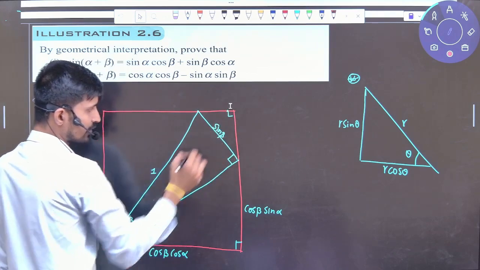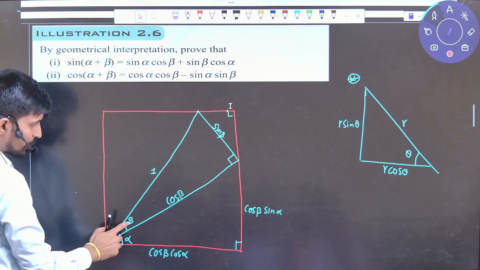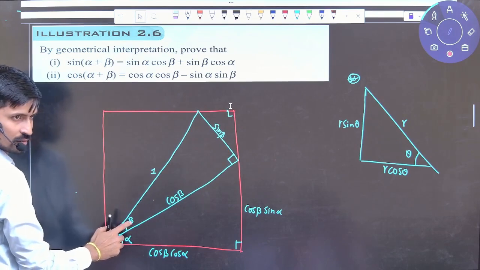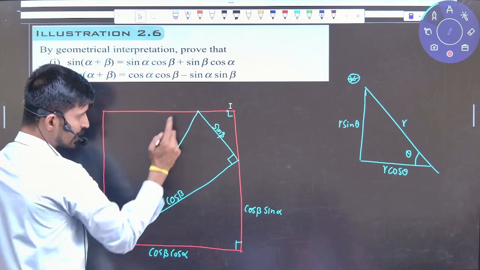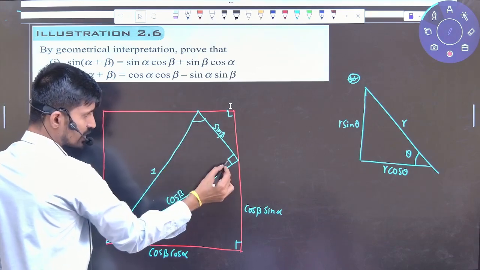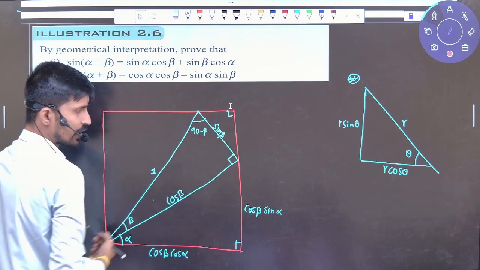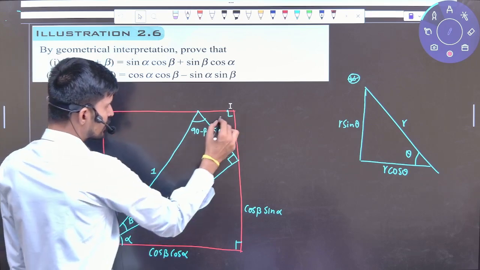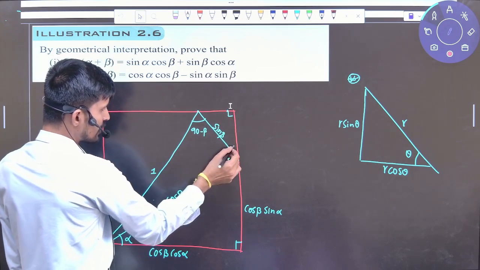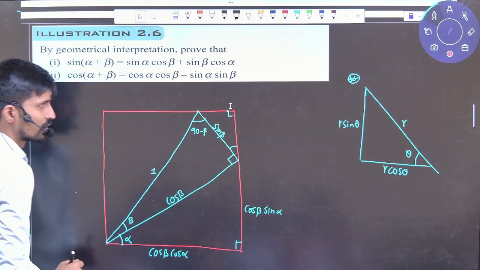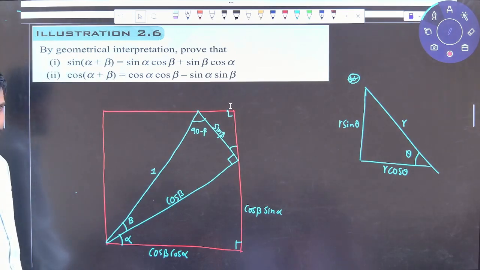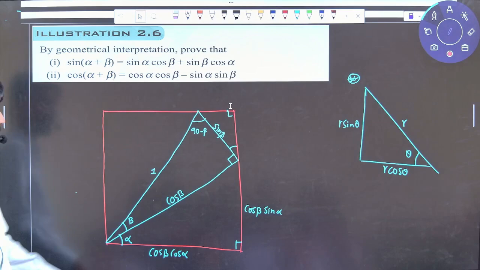Now this is again a right angle triangle. Just think, this is your beta, so this is 90 minus beta, because this is 90 degrees. Can you tell me what will be this angle? Will this be alpha or beta?